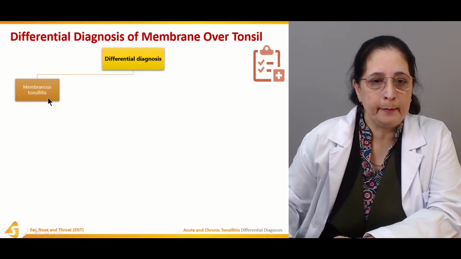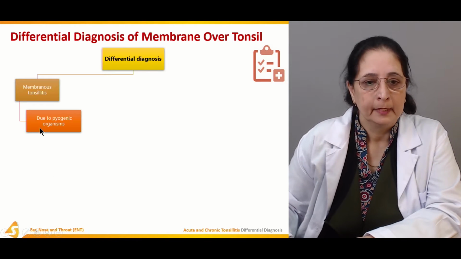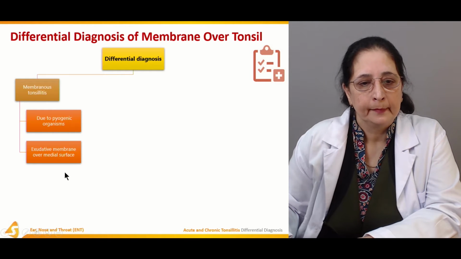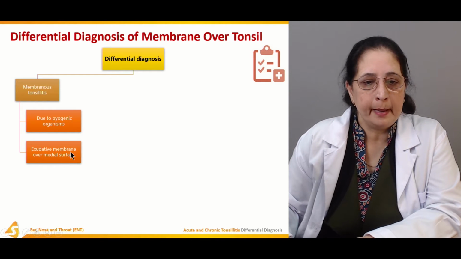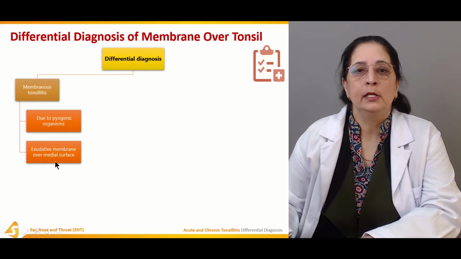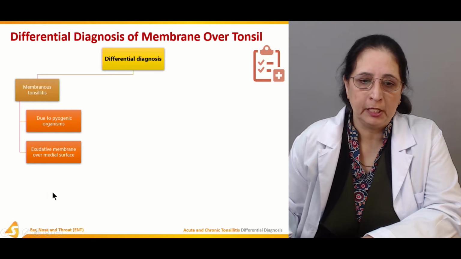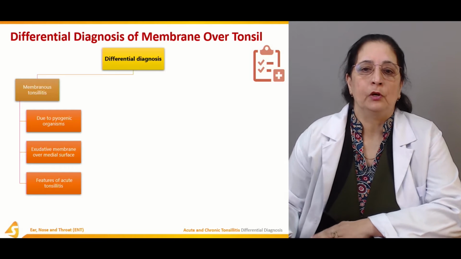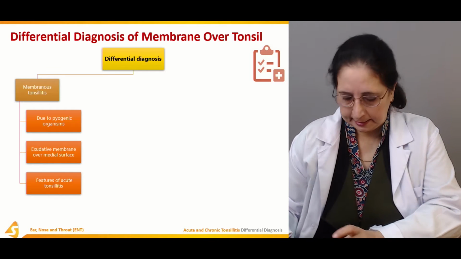So first, the membranous tonsillitis, which is due to pyogenic organisms. Exudative membrane is formed over the medial surface of the tonsil, and this presents with the features of acute tonsillitis.